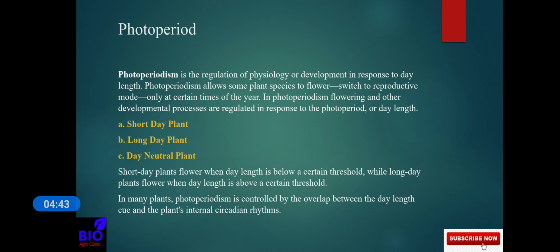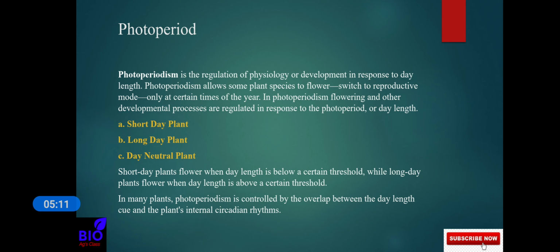Only when the light cues and the body clock line up in the right way will the plant flower. That's how they determine how much light or how much night length they need.